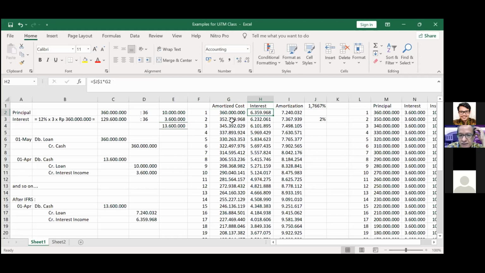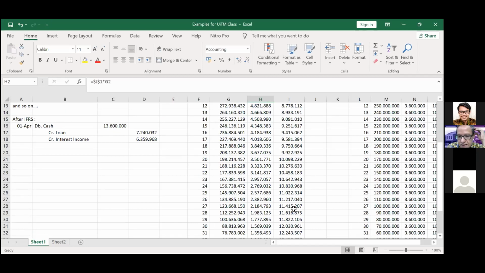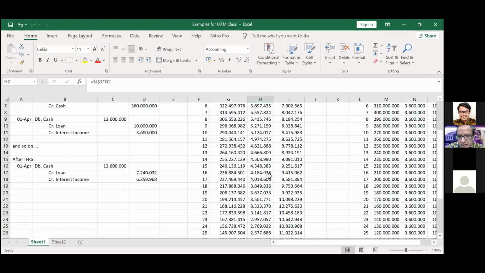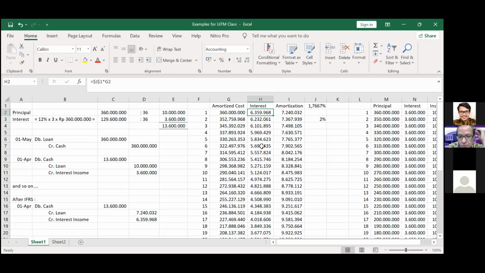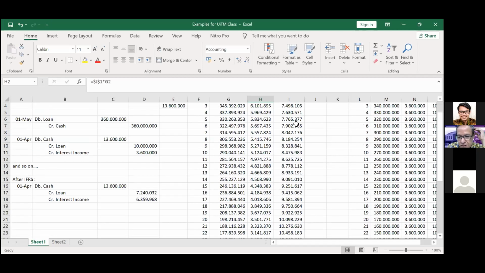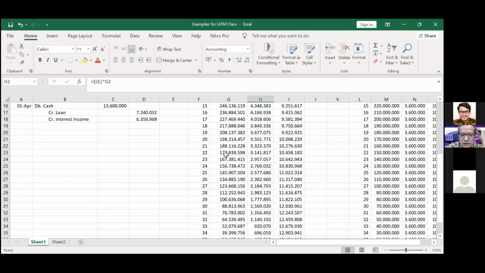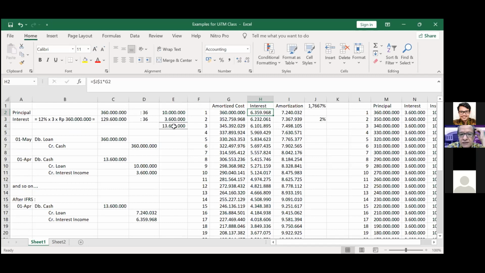The next amortized cost is the previous one deducted by this amortization, and so on. Using this calculation, the interest gets smaller and the principal payment gets higher. But the sum of the two stays at 13,600,000.